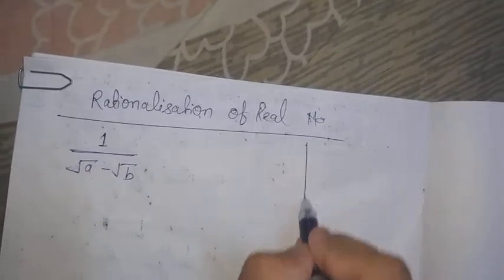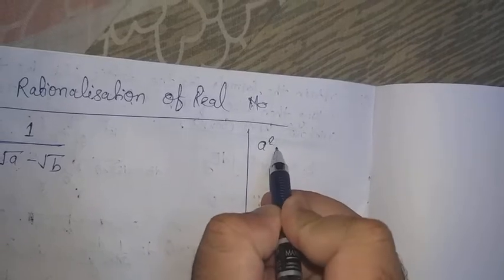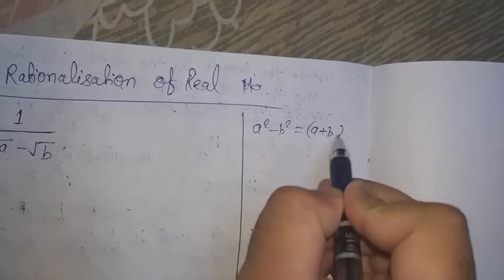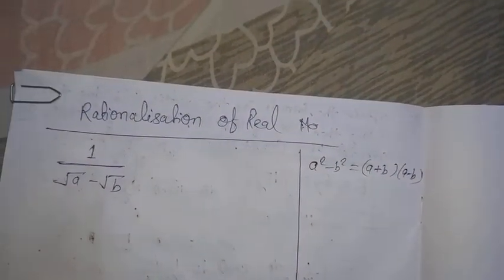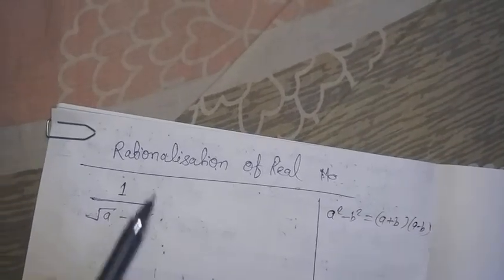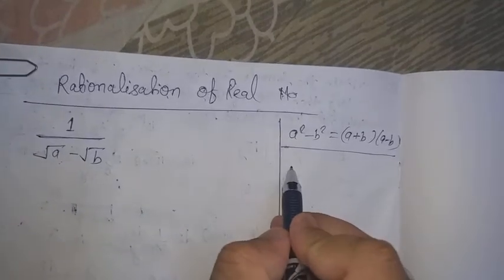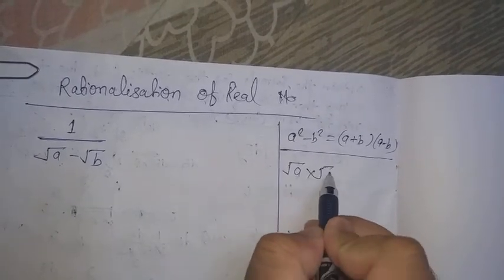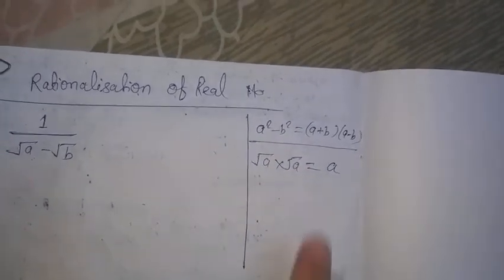But how to rationalize? To rationalize, we should remember this formula: a square minus b square equals a plus b into a minus b. Also, as we know, if we multiply a root by the same root, the root will be removed.